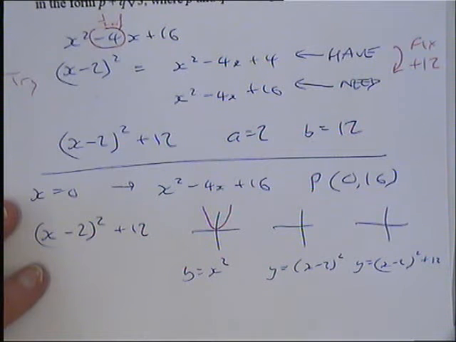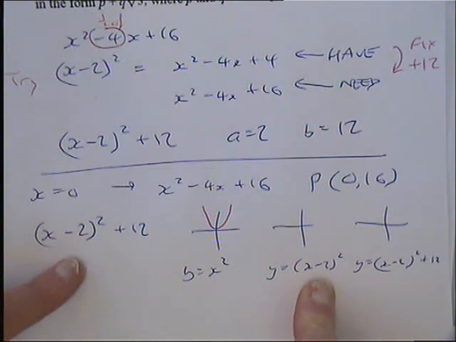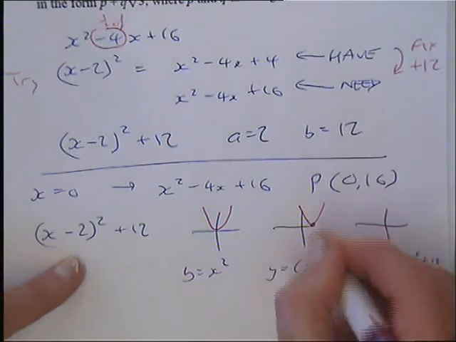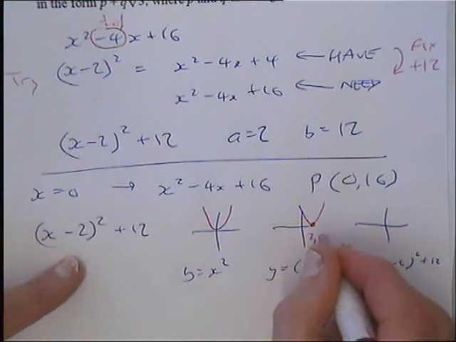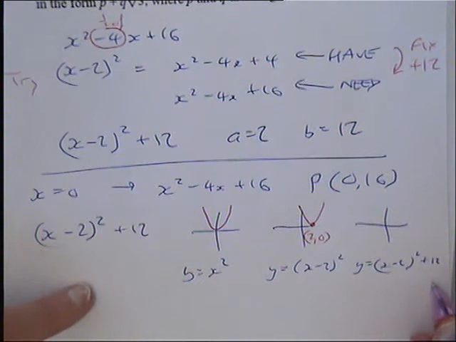Can somebody we haven't heard from so far say what happens when I stick the minus 2 in brackets? Goes right 2, yeah. So we're now going right 2. So that vertex is now at the coordinate 2, 0. Next step, I've stuck a plus 12 on the end. What happens then?